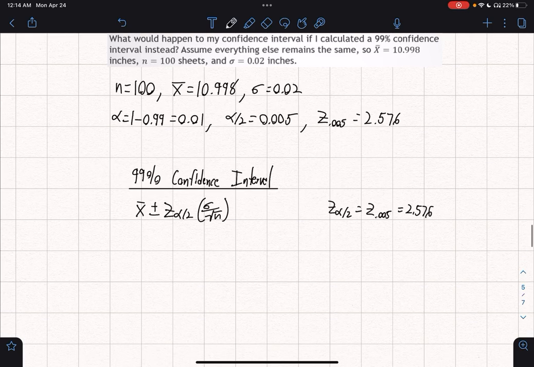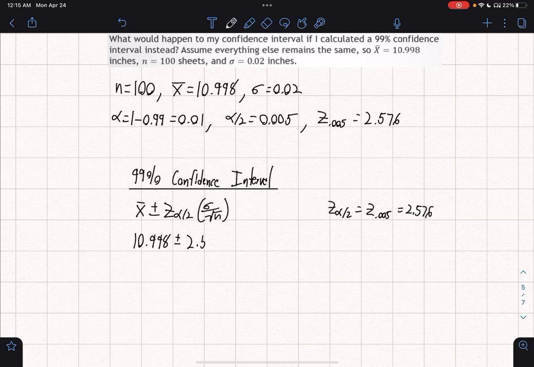So our formula remains the same, it's just now we're using a different z value. Instead of z.025, we're now using z.005. So x bar is still 10.998 plus or minus. So our z is 2.576 times sigma 0.02 over square root of n, which is 100.